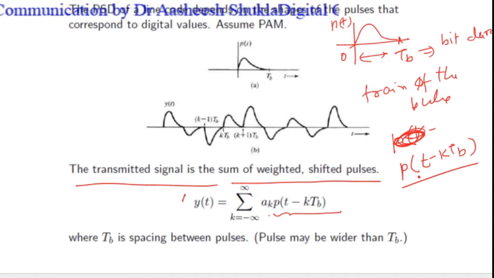This is the shifted version of pulse p(t). So this is basically a pulse train.